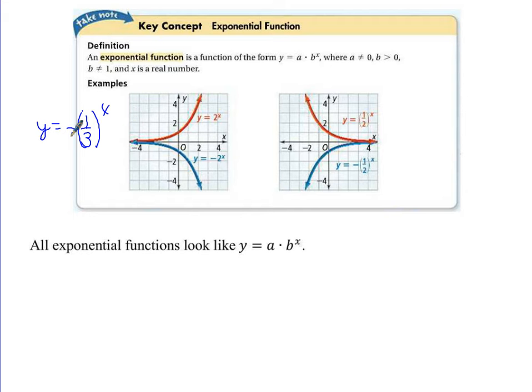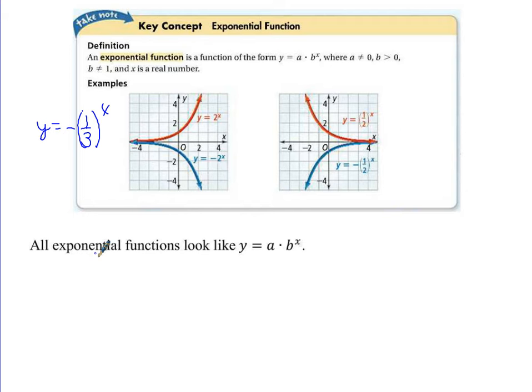We got that negative sign hanging out front. Yeah, it's going to be the blue one. So it's definitely, with that fraction, going to go towards the x-axis as you go from left to right. But with that negative sign, it's going to start on the negative side of the x-axis and then go to it. Process of elimination is nice.